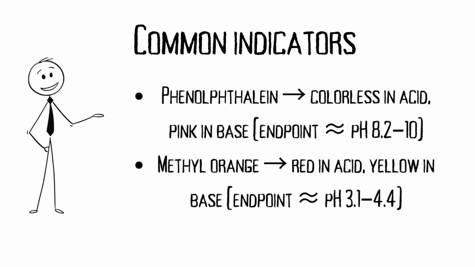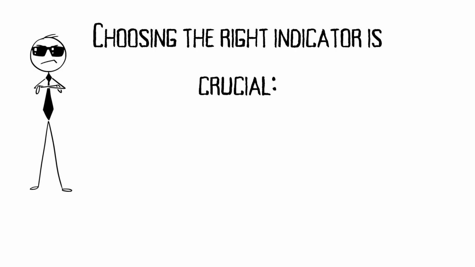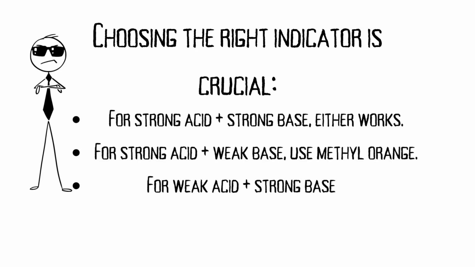So, let me give you the rule of thumb for choosing the right one. For a strong acid plus a strong base titration, either works. The equivalence point is 7. So either phenolphthalein or methyl orange works, but for a strong acid and a weak base, use methyl orange. For weak acid plus strong base, use phenolphthalein. Get this wrong and your results will be way off.